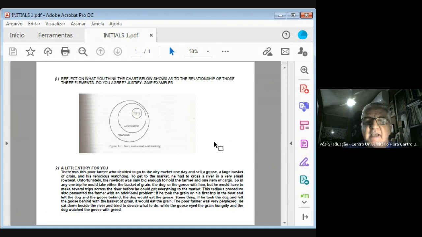And it says a little story for you. There was this poor farmer who decided to go to the city market one day and sell a goose, a large basket of grain, and his ferocious watchdog. To get to the market, he had to cross a river in a very small rowboat.